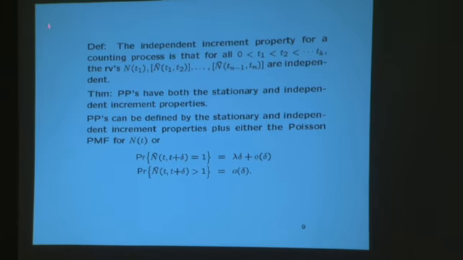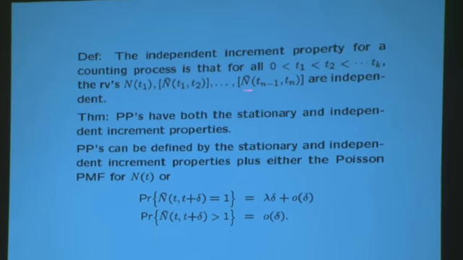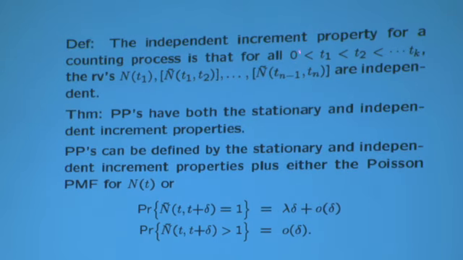Okay, the independent increment property for counting process is that for all sequences of ordered times, 0 less than t1 less than t2 up to tk, the random variables n of t1, and now we're talking about the number of arrivals between t1 and t2, the number of arrivals between t(n-1) and tn, these are all independent of each other.